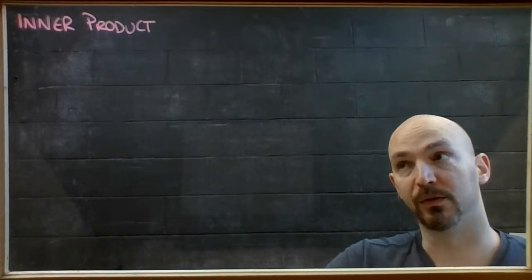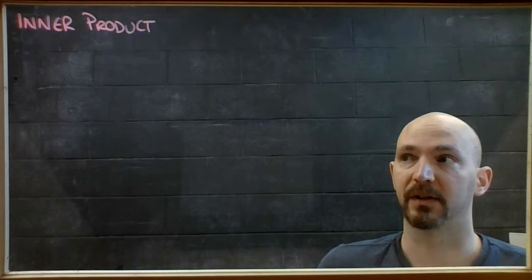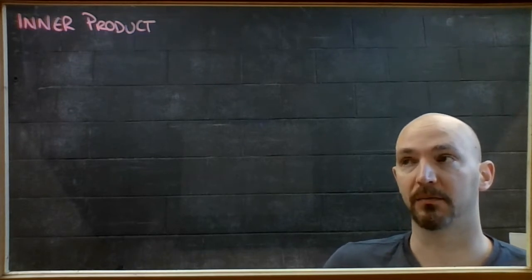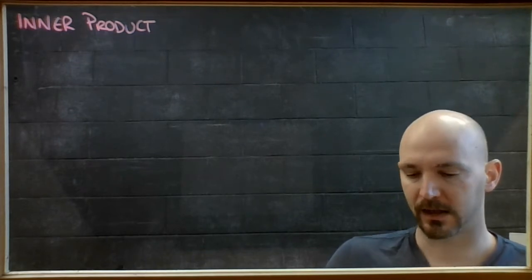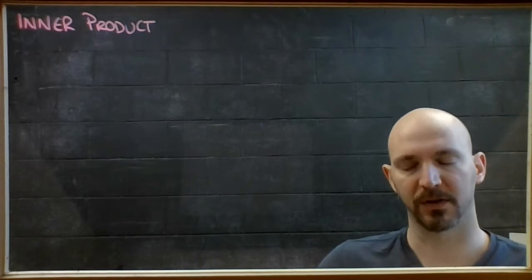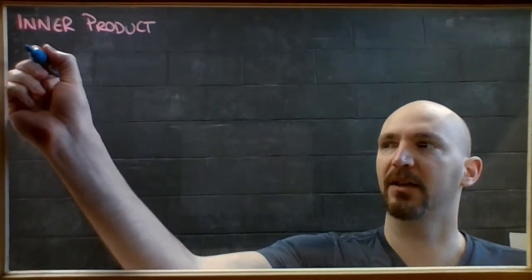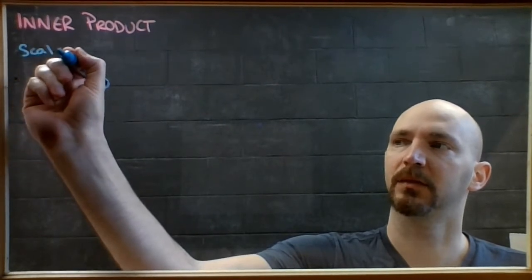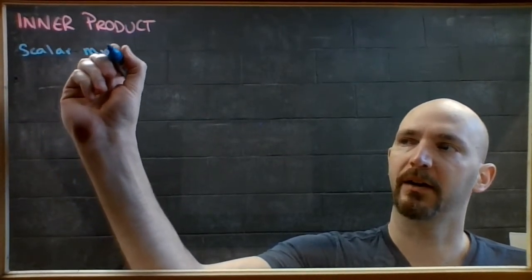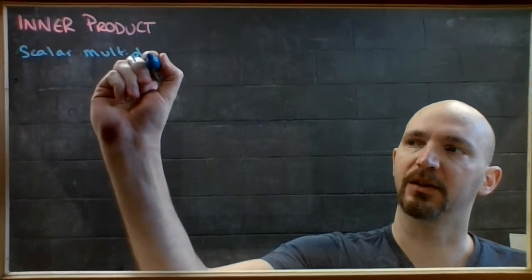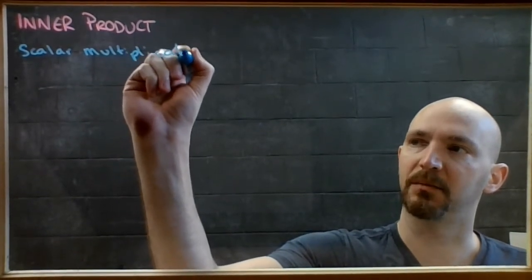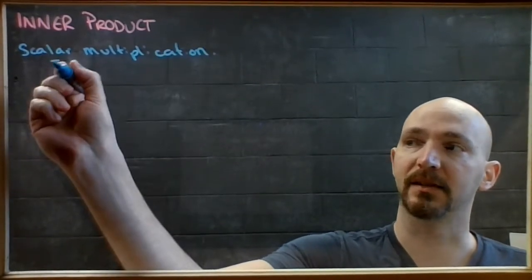We're going to transition from adding and subtracting vectors into their multiplication. There are a few ways that you can multiply vectors, and we've done one already. The first was scalar multiplication, where you took a vector and just multiplied it by a number. Hence the scalar multiplication.